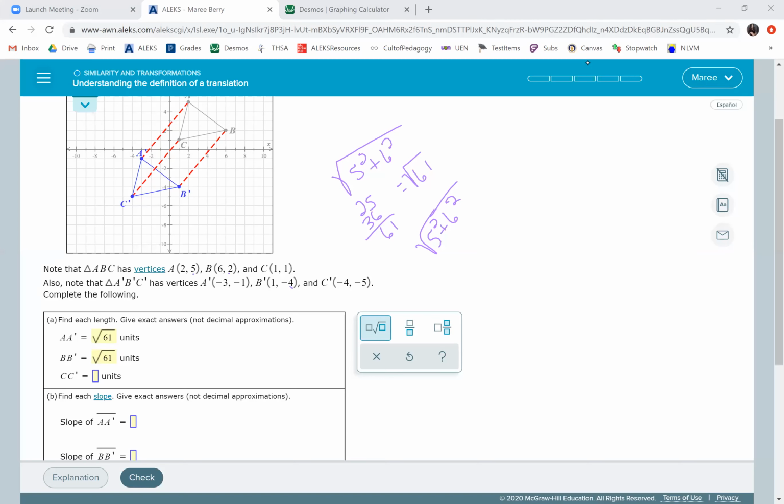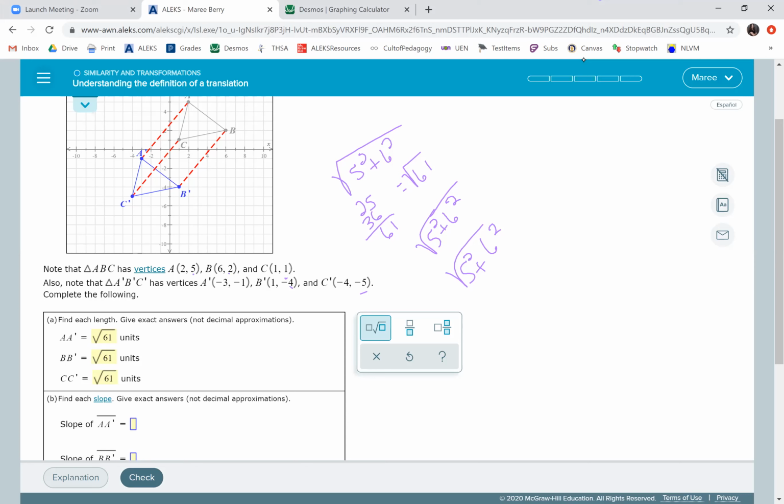So we'll do it anyway. The C's, between 1 and -4 is 5, and between 1 and -5 is 6. So yeah, square root of 61. Those lengths are always going to be the same. That's something we can just clear up right now.